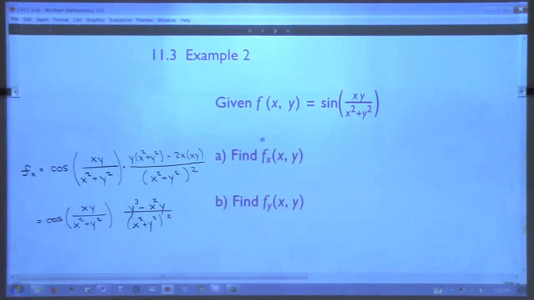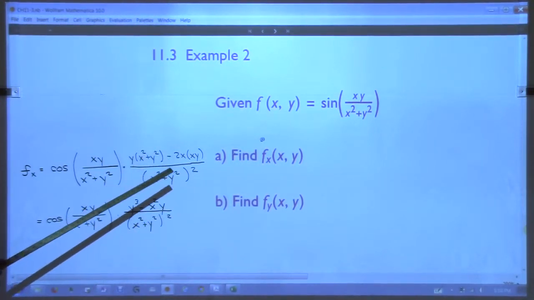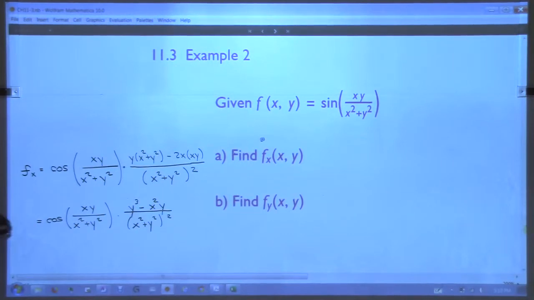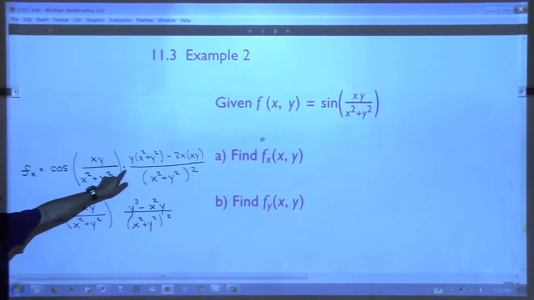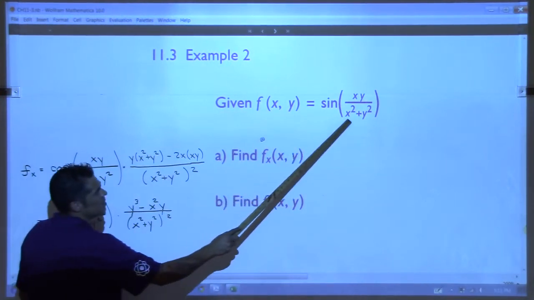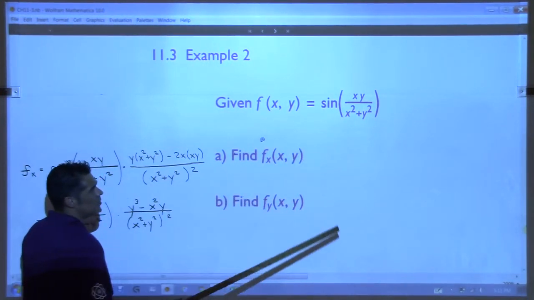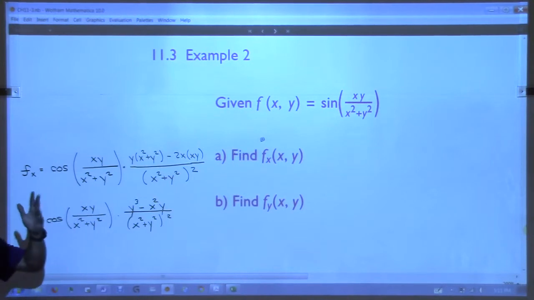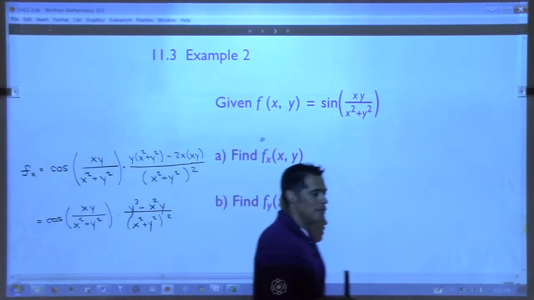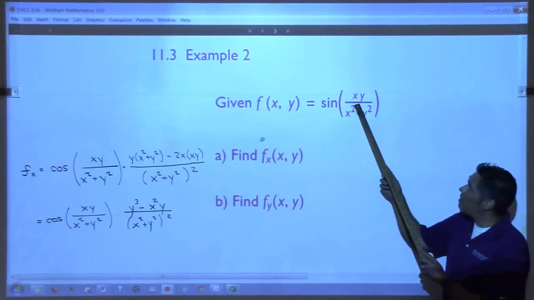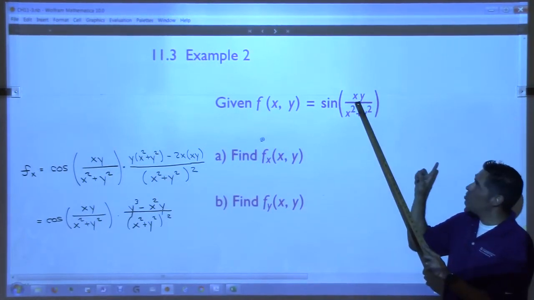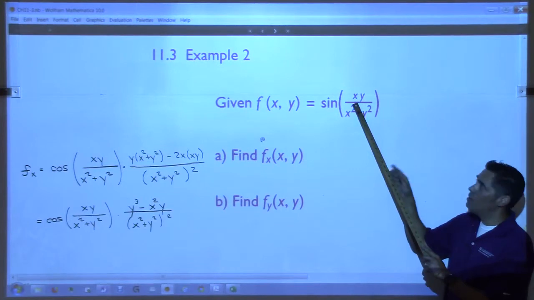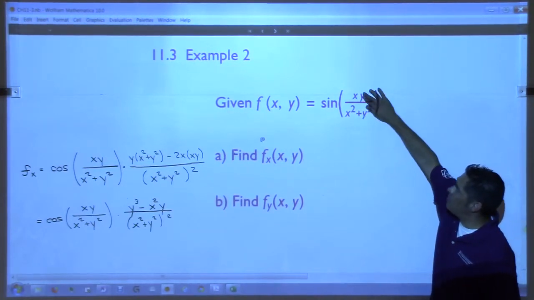So this is a little chain rule, right? Start out, taking derivative of sine of something. Anytime we have that, we just rewrite it as cosine of that something. Then we multiply times the derivative of what's inside, which means we do a little bit of quotient rule, whatever way you learned it. We're going to be taking the derivative of the top one with respect to x, which means y is a constant, right?